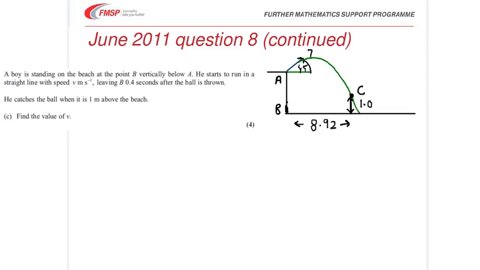So we know that x is 7 cos 45 times t in this case. So we can find the time it takes the ball to travel horizontally to the point C at 1 meter above the ground, because we know the distance is 8.92 from the second part of the question.